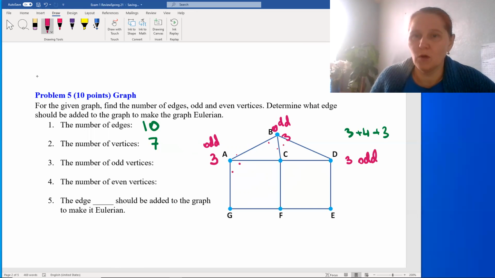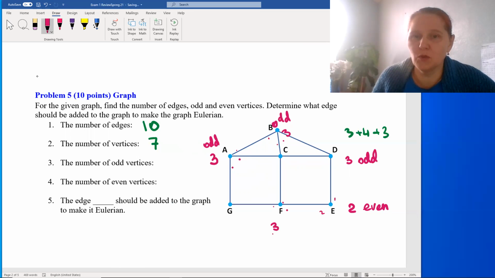E, only 2 lines, 1, 2, so the degree is 2, and this is an even number, an even vertex. F, 1, 2, and 3, so the degree is 3, 3 is an odd number, so F is an odd vertex.